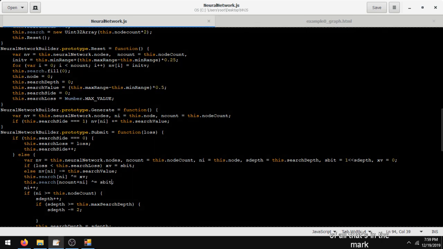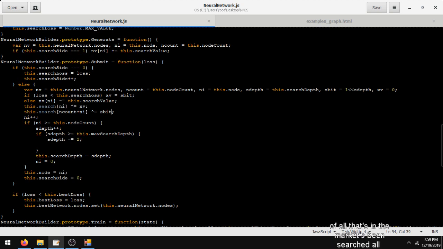So that's going to mark that it's been searched. So then when it hits the end, it's going to want to go backwards to, it's going to need to reset this.